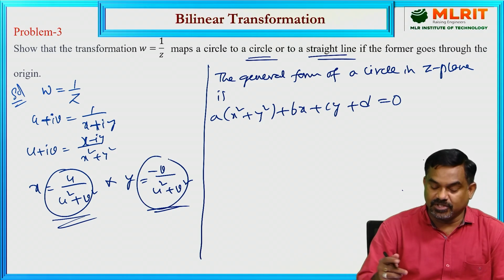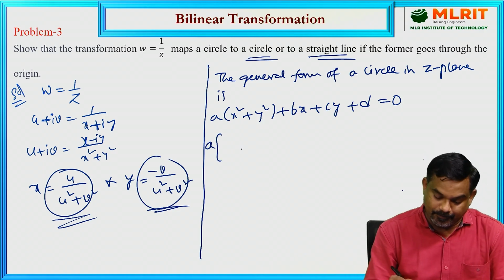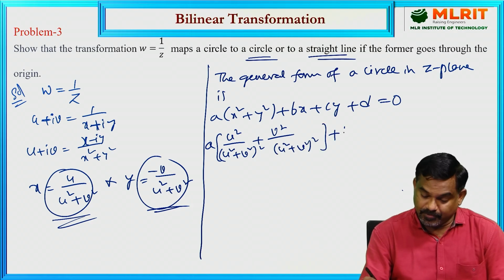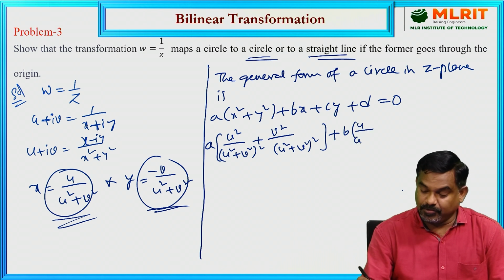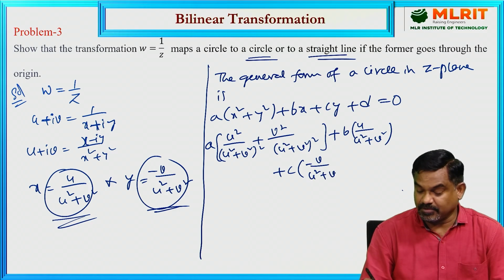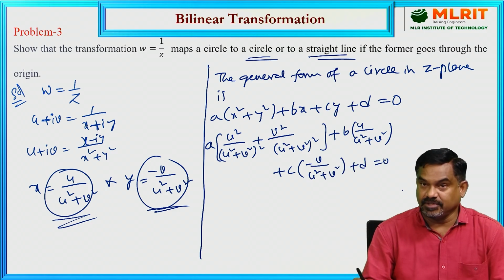So substitute these two here: a into u square by u square plus v square whole square, plus v square by u square plus v square whole square, plus b into u by u square plus v square, plus c into minus v by u square plus v square, plus d equal to 0.